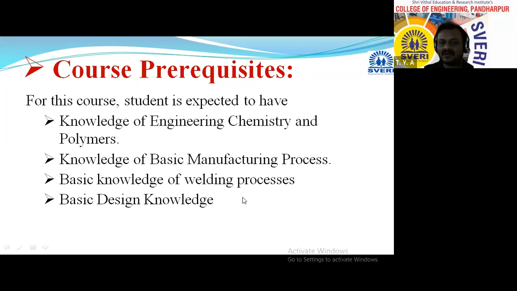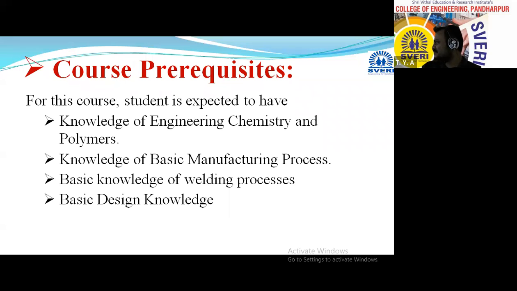Because some basic knowledge is required. Why is this design knowledge required? Because in our syllabus we have some chapters where we are going to design the compression mold, design the injection mold, or design some small plastic parts. To do that design, some basic knowledge from your machine design or strength of material subject is needed.